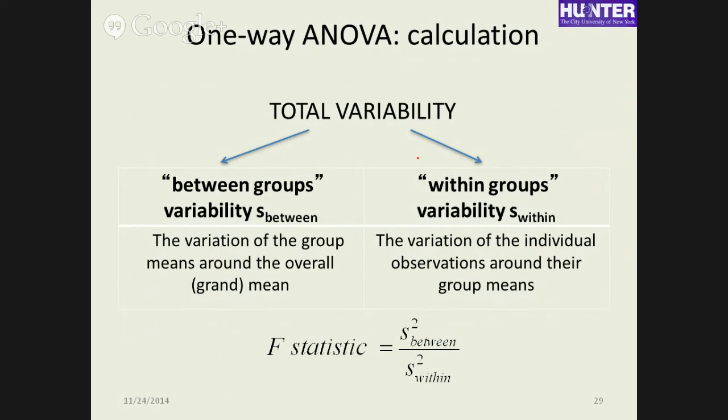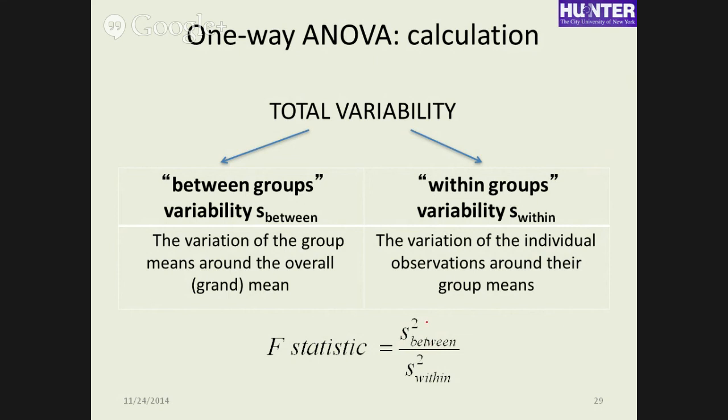And the key idea behind the F test is that under the null hypothesis, the ratio of these 2, the ratio of between group to within group variability, will follow a known distribution. That's the F distribution.